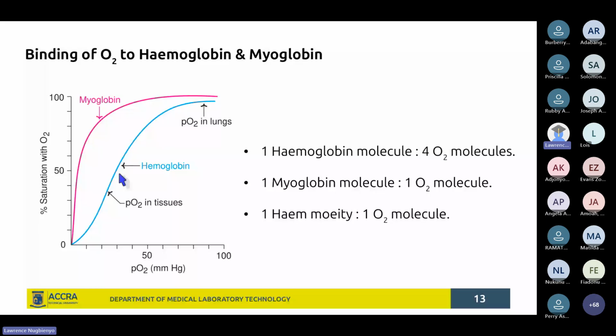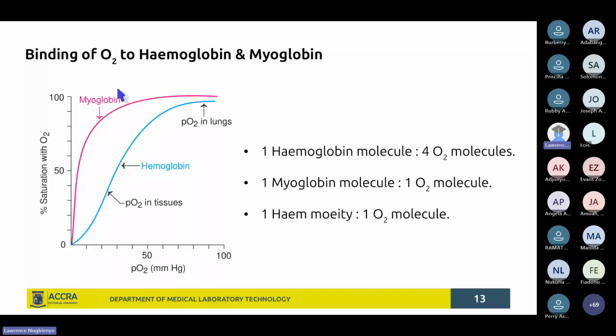You see when you pay attention to this curve of hemoglobin, you see it's gradual. And that too, we'll see why it is so. Why is it that the 4 molecules do not just bind at once, and follow the same trend as myoglobin, so that it gets saturated even at such low pressure?